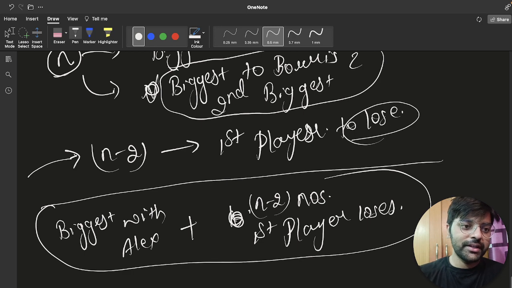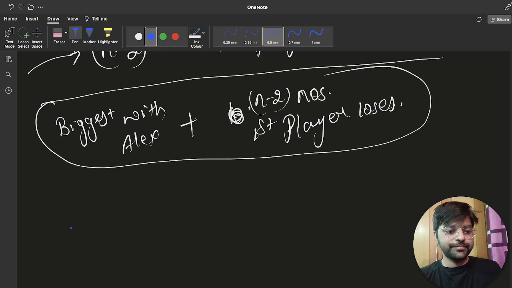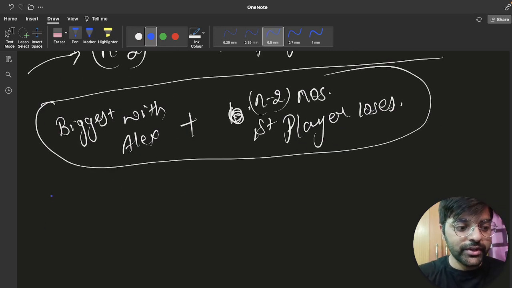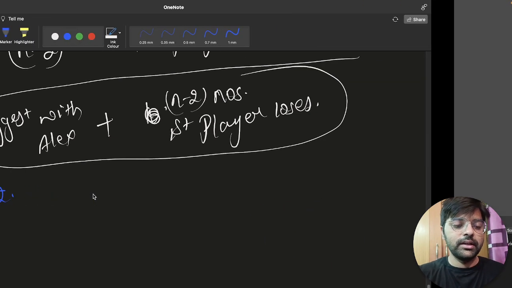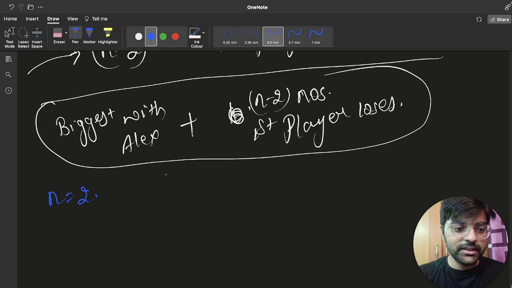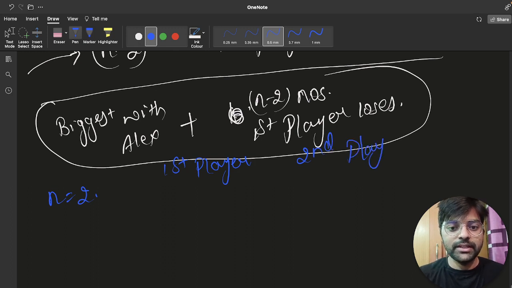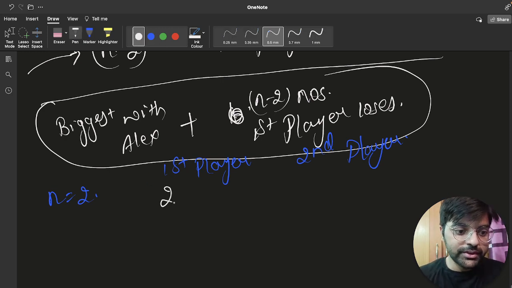First player, so let's say we know that the first player, let's say n equal to 2, right? Then when will Lx win? Let's consider the first player. First player is Lx, and the second player, I am changing the name, first player and second player. So let's say if n equal to 2, then if the first player has 2, then he has 1, right?